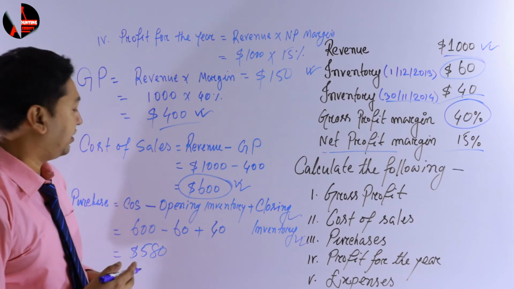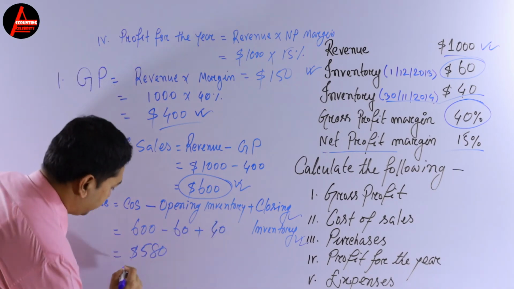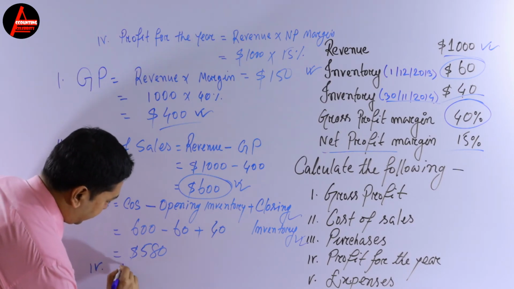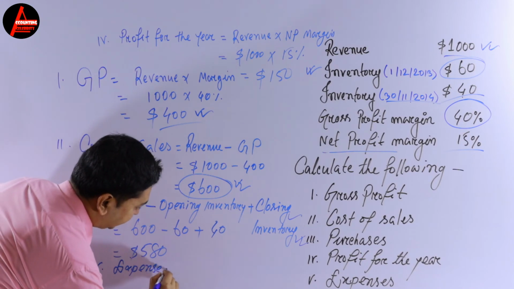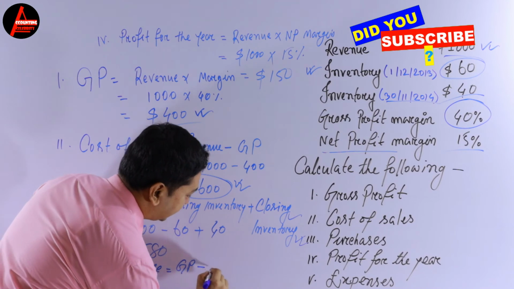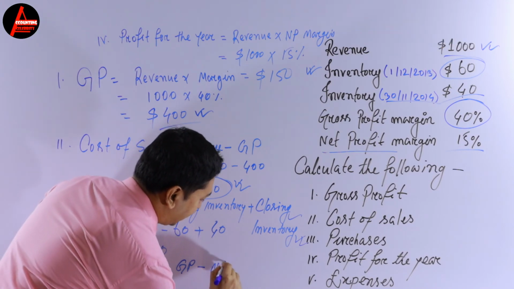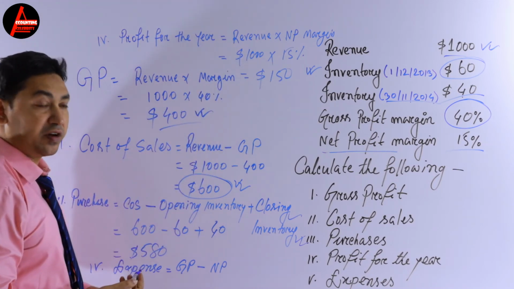So let us write here number 5, expense equal to gross profit minus net profit. Okay, net profit means profit for the year, which is $150.